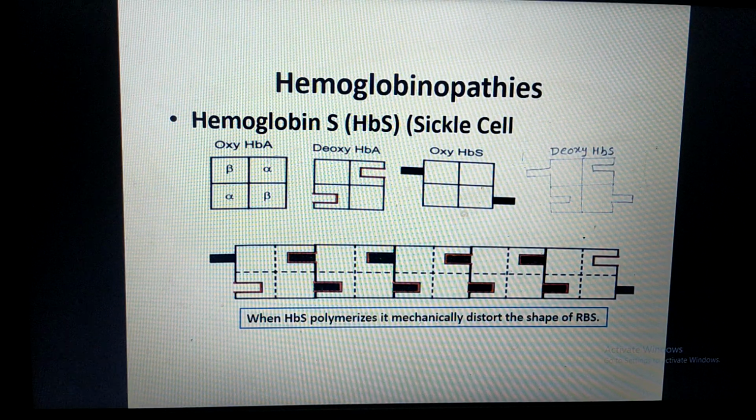And when these deoxyhemoglobin S molecules get polymerized, it mechanically disturbs the shape of the RBC from normal biconcave to sickle shape. So this is the mechanism of sickling.